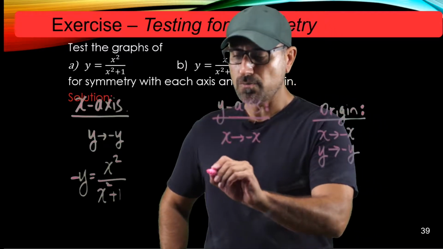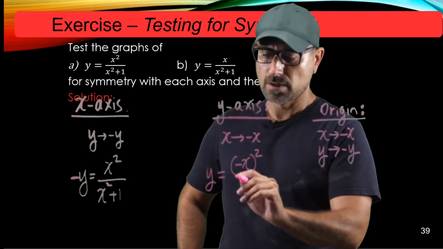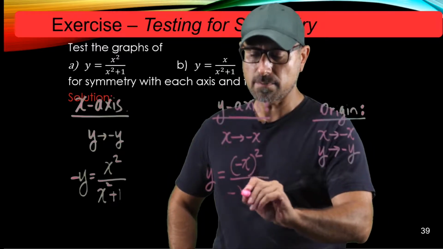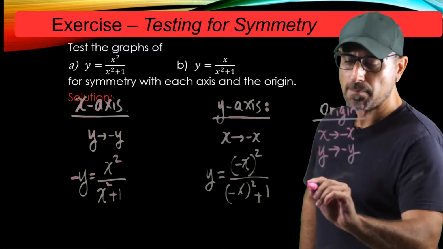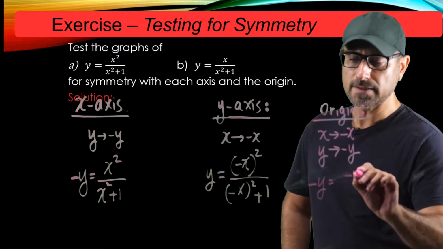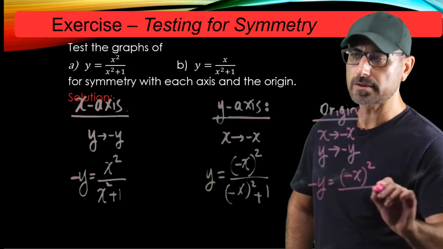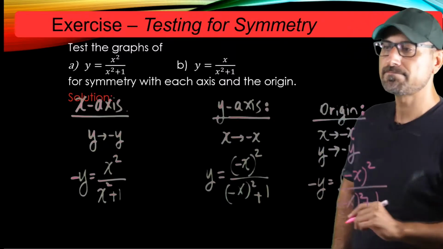So here we have y equals minus x squared divided by minus x squared plus 1. And for the last one, minus y is equal to minus x squared divided by minus x squared plus 1.